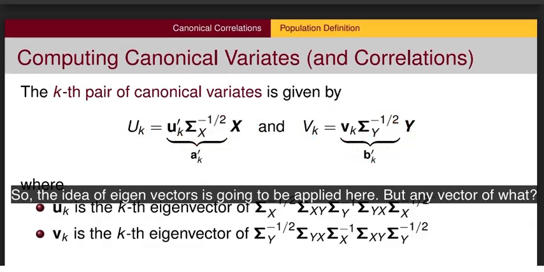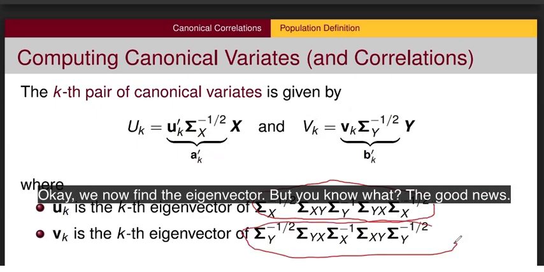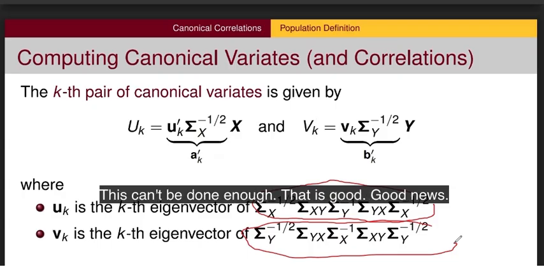But eigenvector of what? You need to get this. You need to get that. We now find the eigenvector. But the good news is this can be done in R. That is good news. I'm moving on.